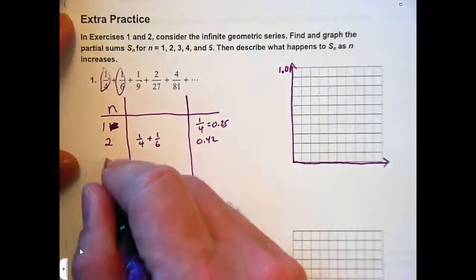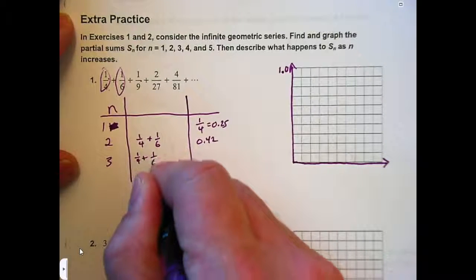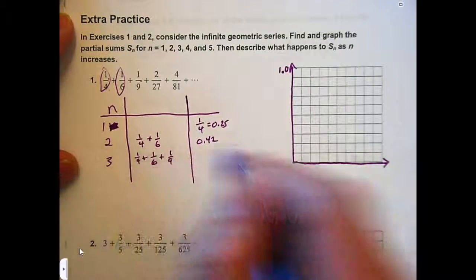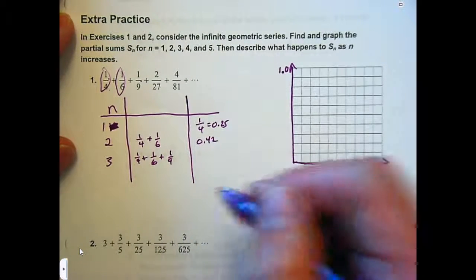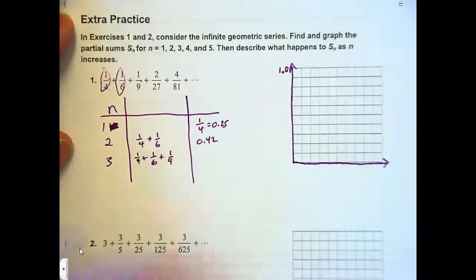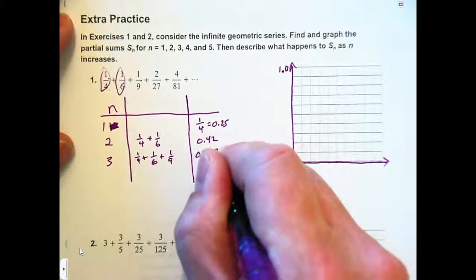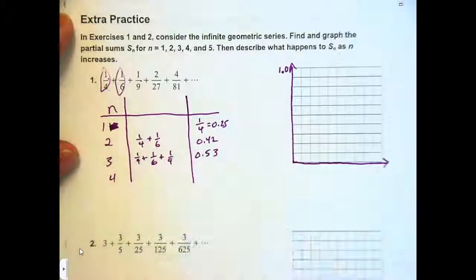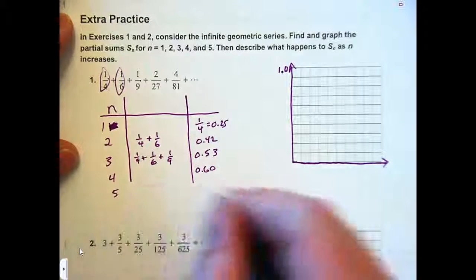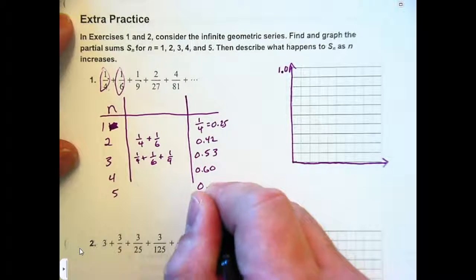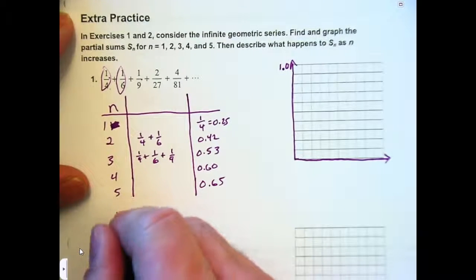Okay, and we add the first three terms together, we get 1/4, 1/6, and 1/9. We'd end up with 0.53. Okay? And then 4, we'd add them all up, we get 0.6. And then 5, we get 0.65-ish. Okay? Could someone put 10 in for me, please?